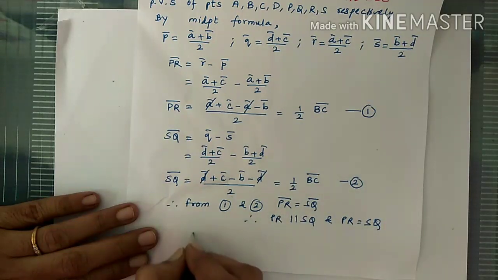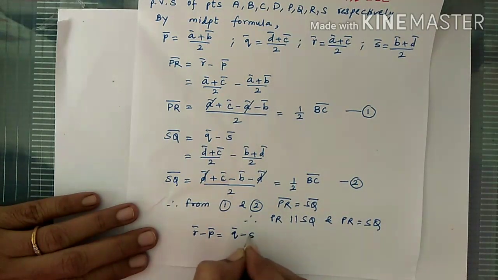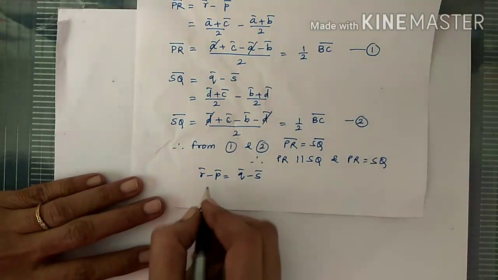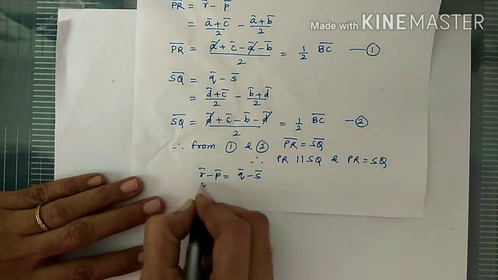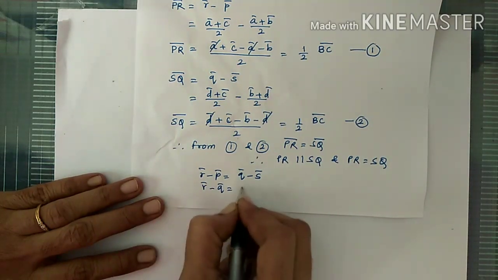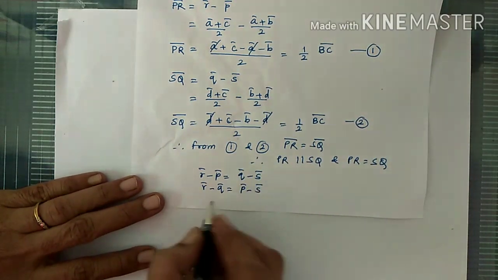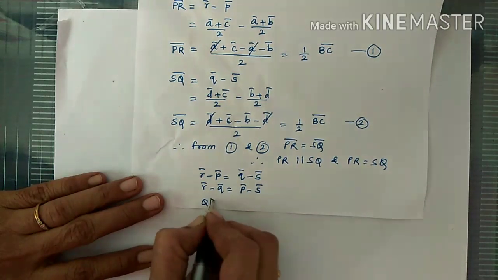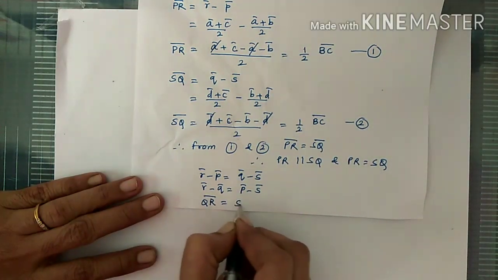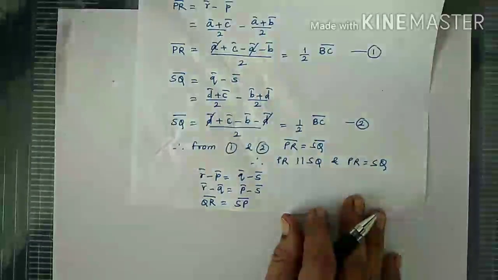Now, if we write this as R bar minus P bar is equal to Q bar minus S bar, to write the second pair, and if we write this as R bar minus Q bar is equal to P bar minus S bar, we get QR bar is equal to SP bar.